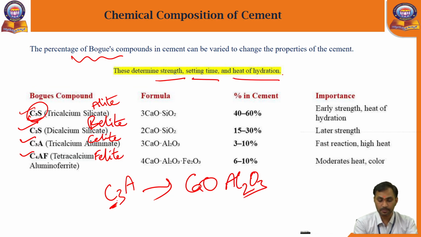How many calciums? 3. So it is 3CaO.Al2O3.